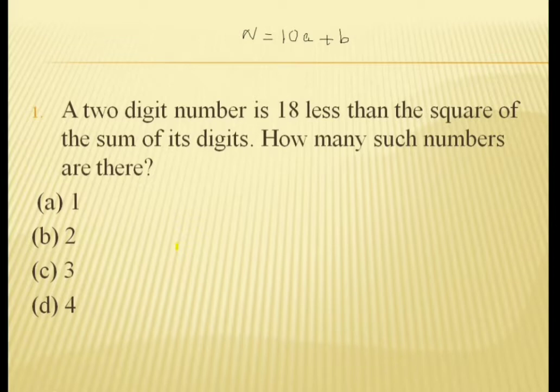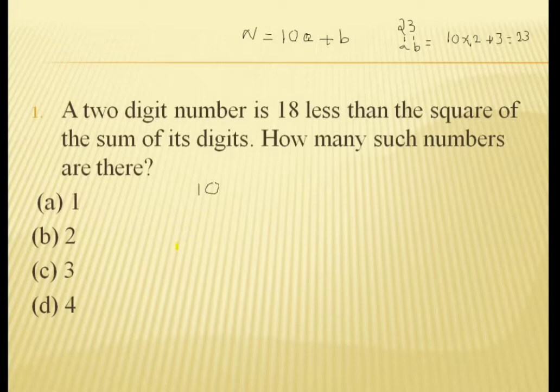For example, 23: if a is 2 and b is 3, it is 10 into 2 plus 3, which is equal to 23. So any two-digit number can be represented as 10a plus b or 10x plus y, whatever it is. Okay, clear?